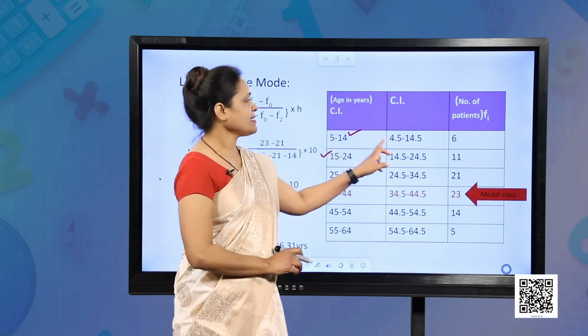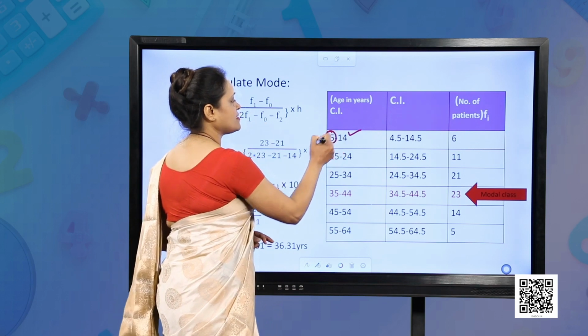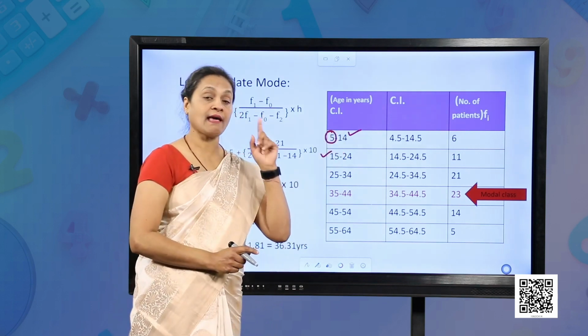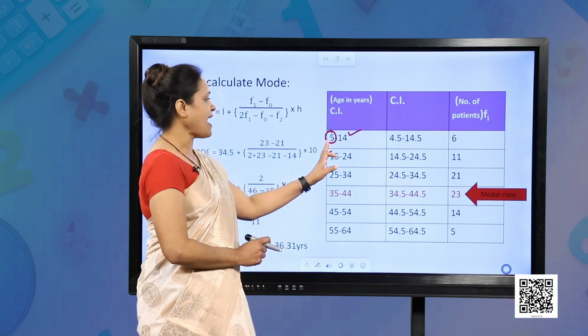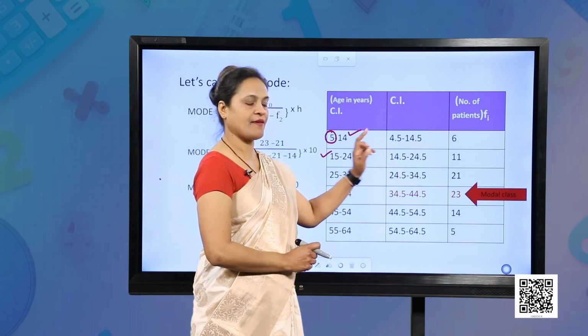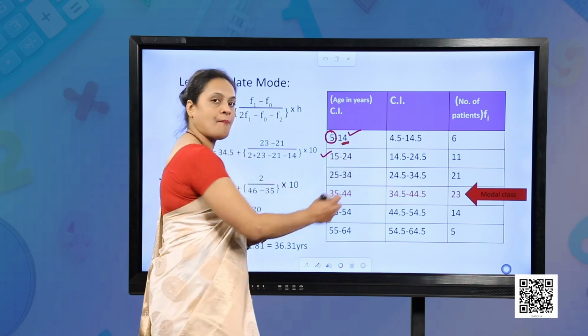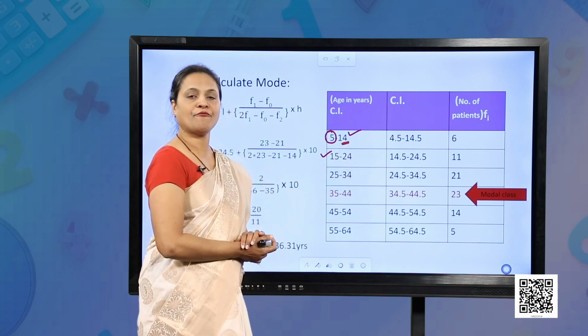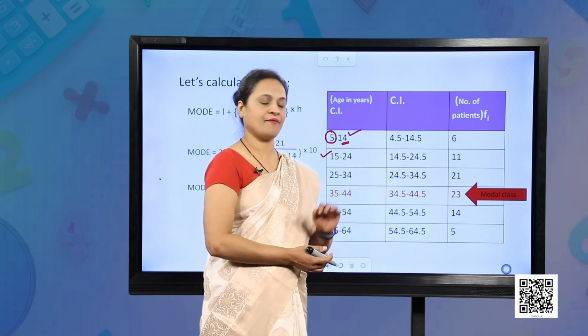So, to make these class intervals continuous, I will subtract 0.5 from the lower class limit, that is 5 minus 0.5, so it will be 4.5, and I am going to add 0.5 to the upper class limit, that is 14. So, I get 14.5.